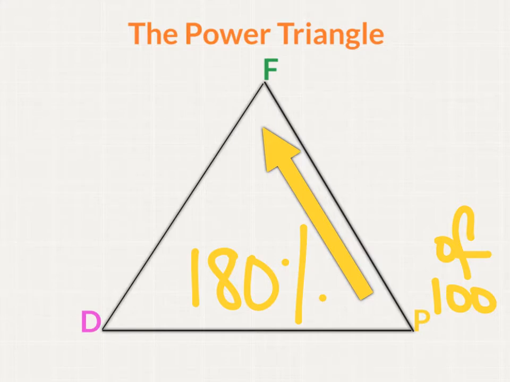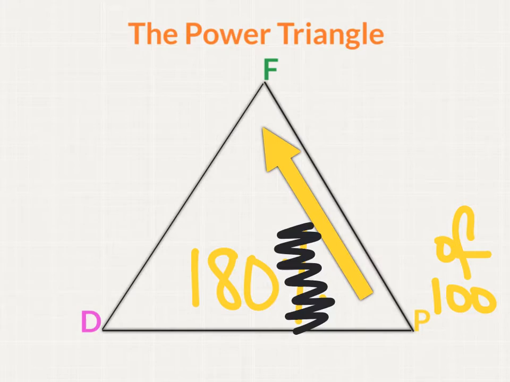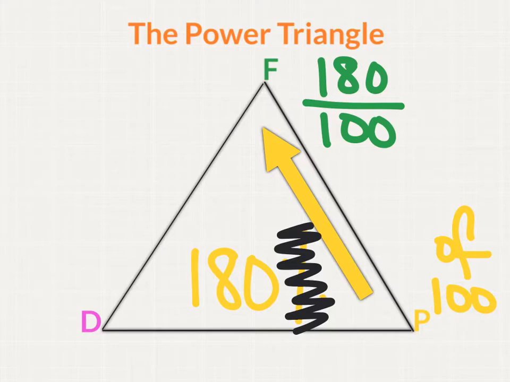So the process is still the same. I can eliminate my percent sign and write my value, 180, over 100. I should recognize that this is now an improper fraction, and I need to go ahead and rename this improper fraction into a mixed number.